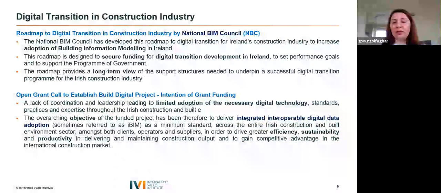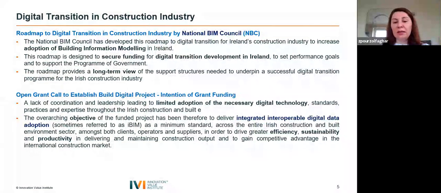This roadmap also provides a long-term view on the support structure that the government could provide to Irish companies in this domain. Based on this roadmap, there has been an open grant call to establish the Build Digital project. And this has been the call that we have been collaborating on with industry partners.